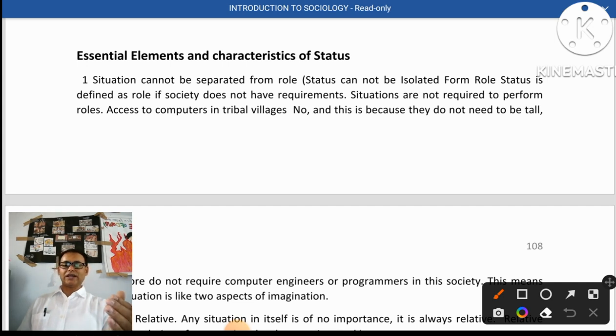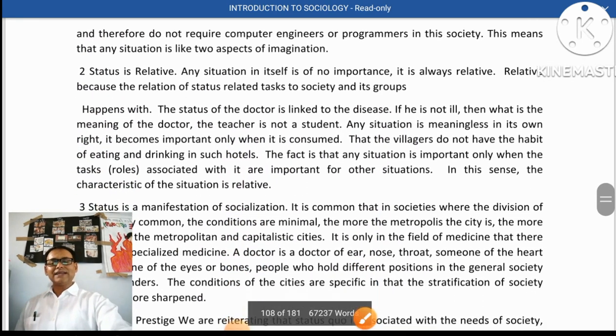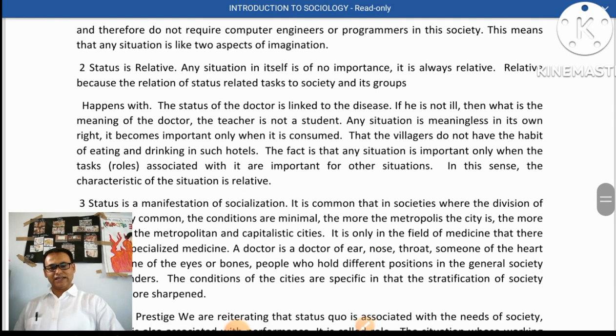Access to a computer in a tribal village, no, because they do not need it. A status is relative. Any position in itself is of no importance. It is always relative, because a status relates to the work of society and its groups.